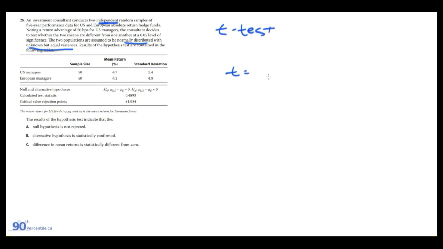So if it's independent, the test statistic looks like this.